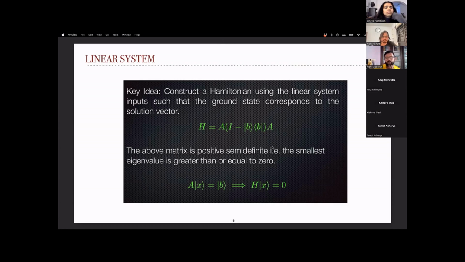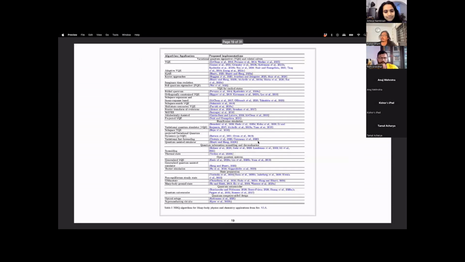So I'm asking, why do we need A transpose? Because if it is just I minus projector B into A. Yeah, but then how do you maintain that H should also be symmetric, right? Okay. Got it. Yeah, that's a good question.